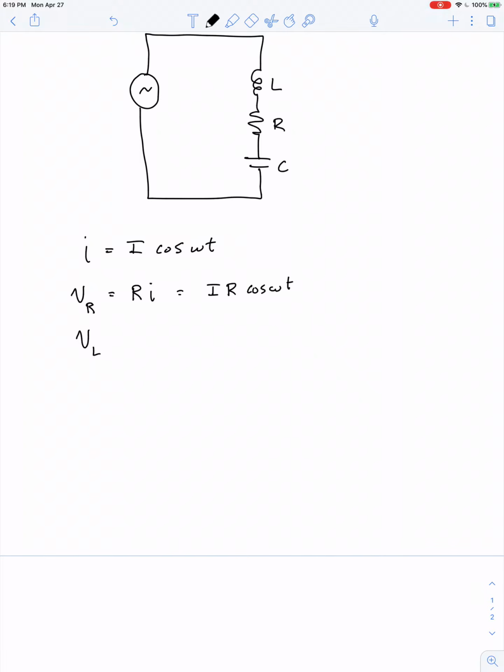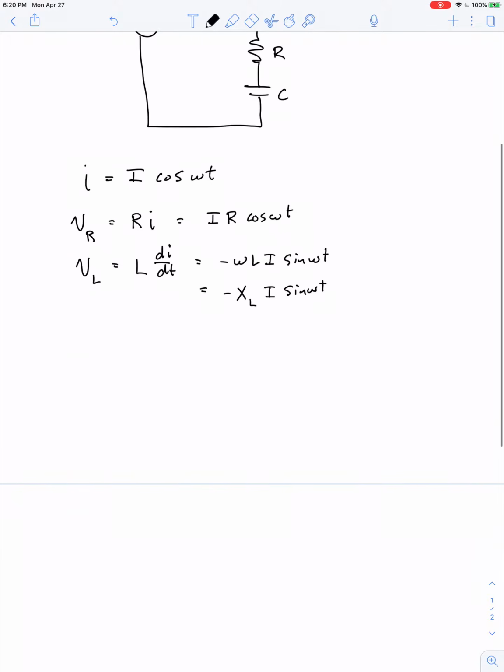The voltage across the inductor at any instant is L di/dt, so it's equal to negative omega L I sine omega t, which in turn is equal to negative X sub L, which stands for inductive reactance, times I sine omega t.